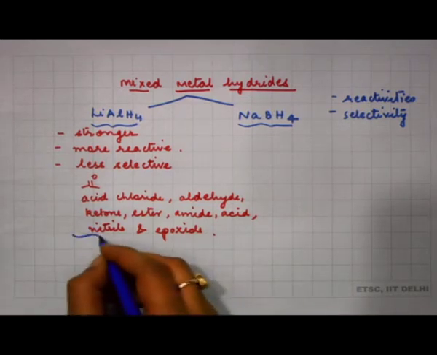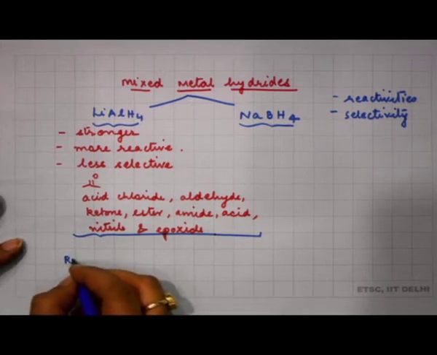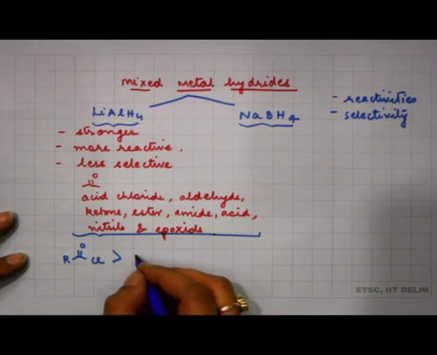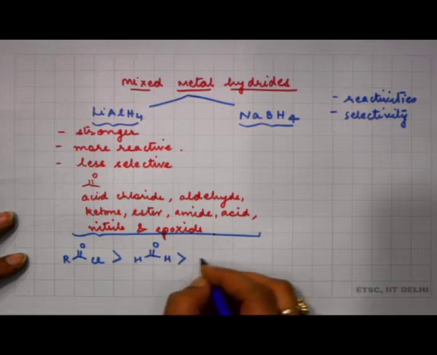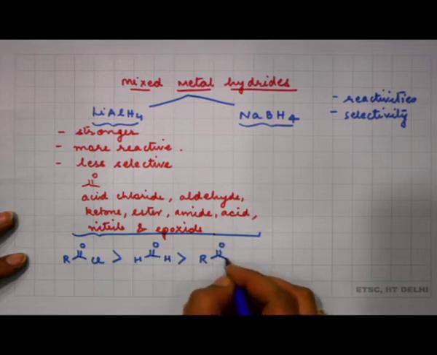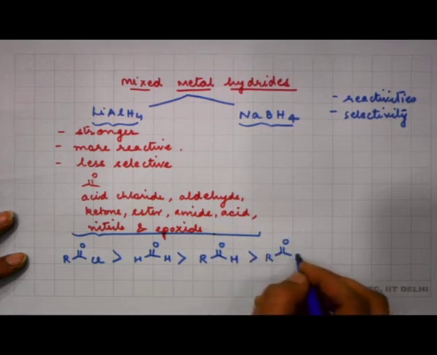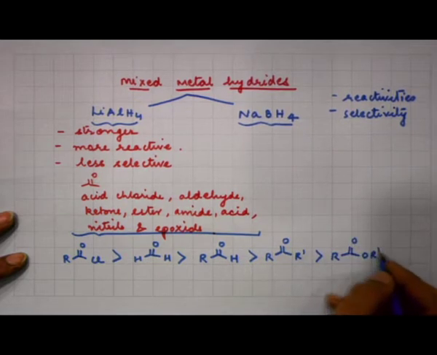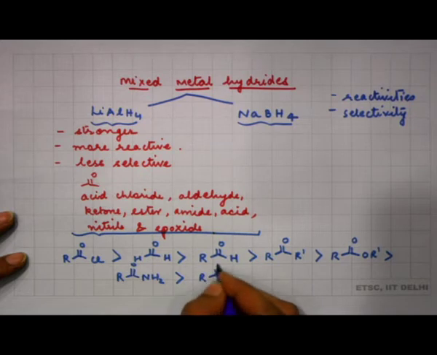And if I compare the reactivity order in which it reduces these different functional groups, I can come up with this series in which I can claim that acid chloride reacts the fastest compared to formaldehyde, which is higher than the corresponding aldehyde, which is more than the ketone, ketone is more than the ester, and then this is followed by the amide, followed by the carboxylic acid.